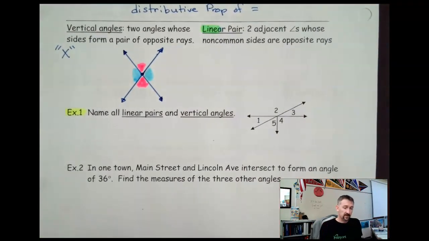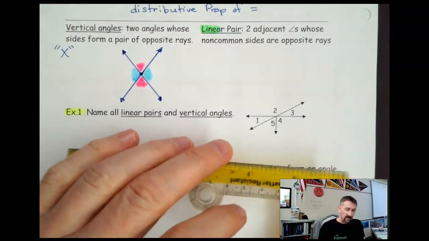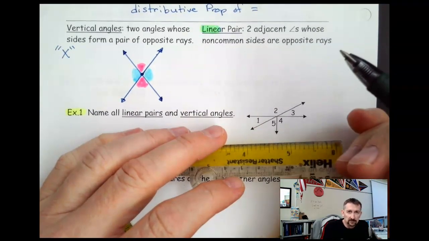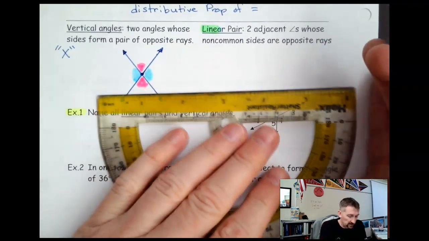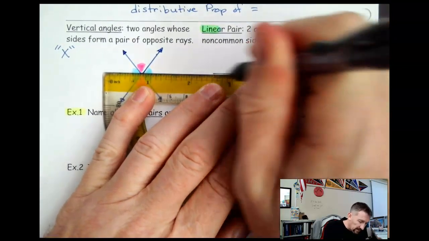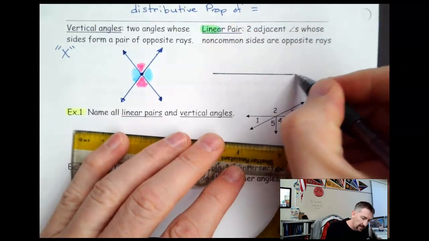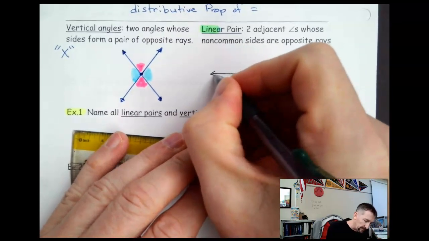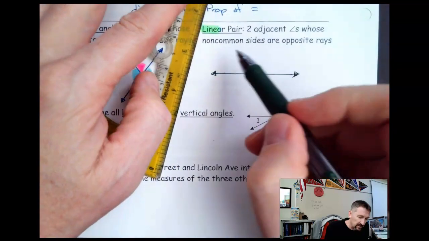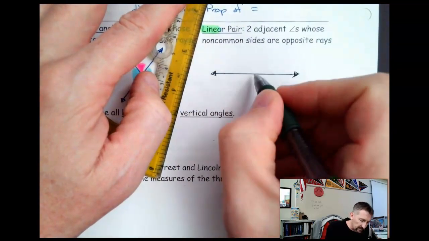Linear pair. So you can see I have highlighted there in the word linear is the word line. Oh, the word ear as well, but we don't care about that. So in a linear pair, you have a line, a pair of adjacent angles whose non-common sides are opposite rays.